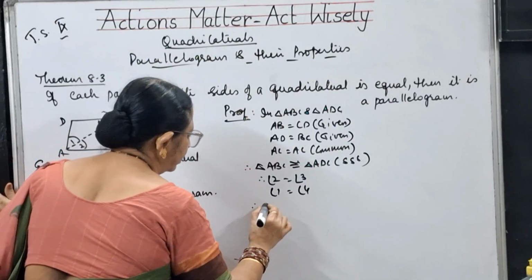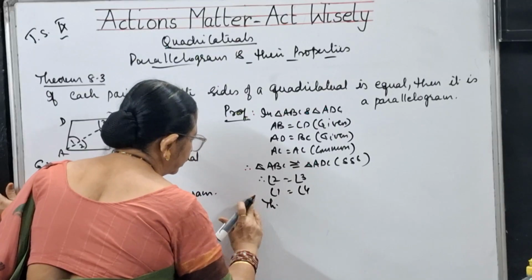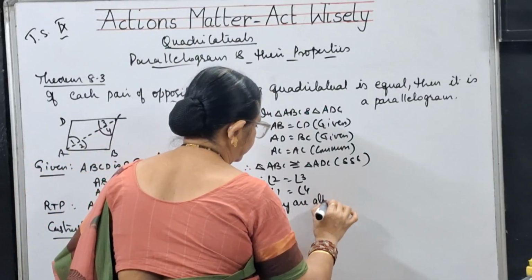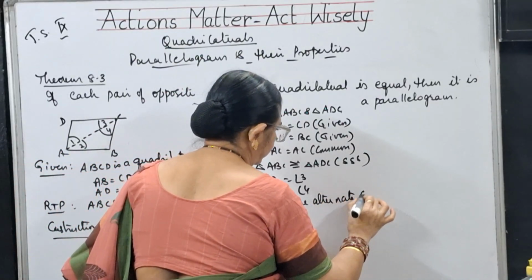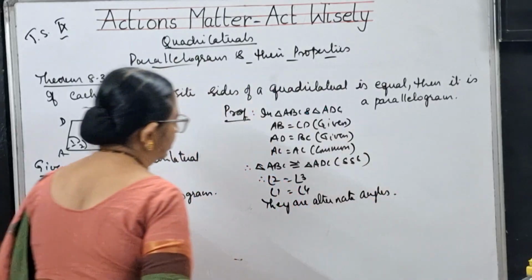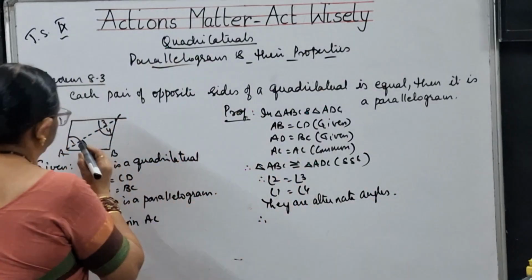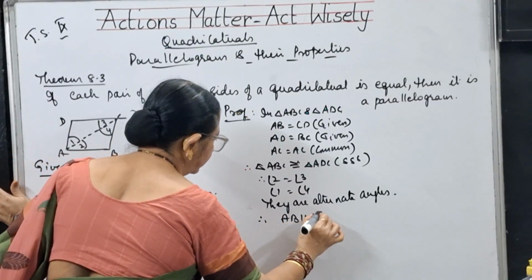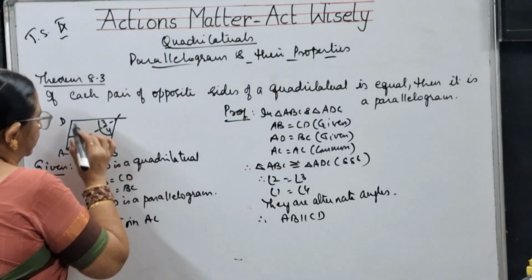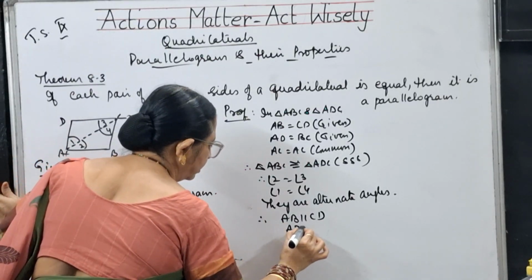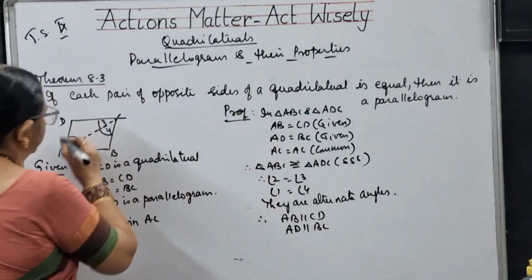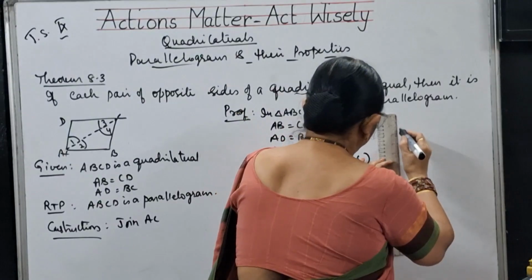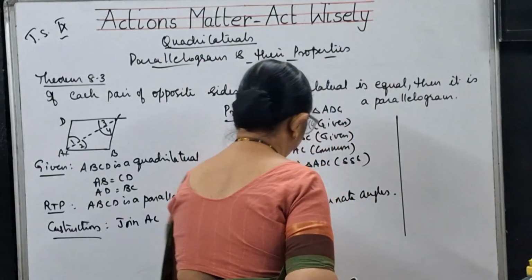Therefore, they are alternate angles. So when angle 2 is equal to angle 3, AB is parallel to CD. When angle 1 is equal to angle 4, AD is parallel to BC. So here, what did you get? You have got that opposite sides are equal.